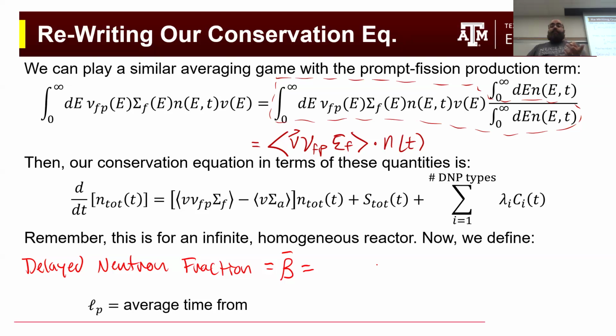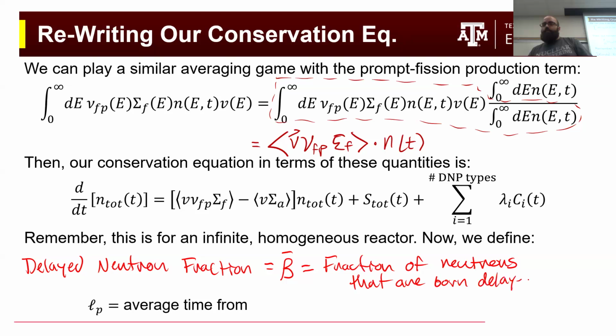By definition, this is just the fraction of neutrons that are born delayed. So this physically represents the fraction of neutrons that are born delayed. And by definition, it's going to look like my delayed neutron production term divided by my total neutron production term. But I'm going to write it in terms of those average quantities that we have in our equations.